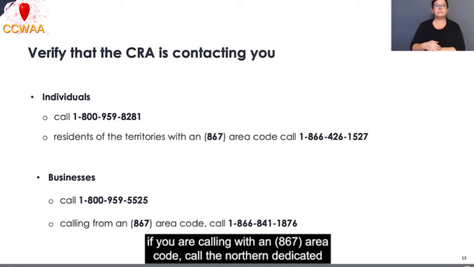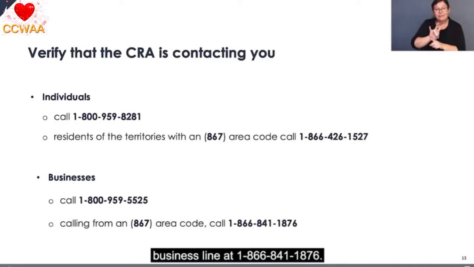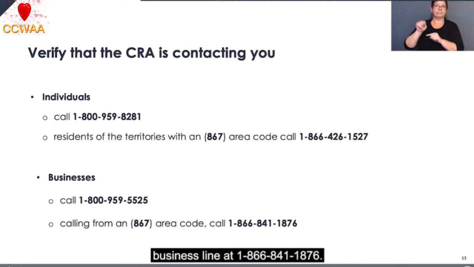If you are calling with an 867 area code, call the Northern dedicated business line at 1-866-841-1876.